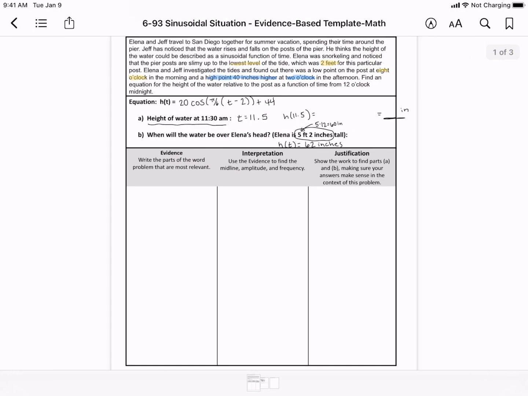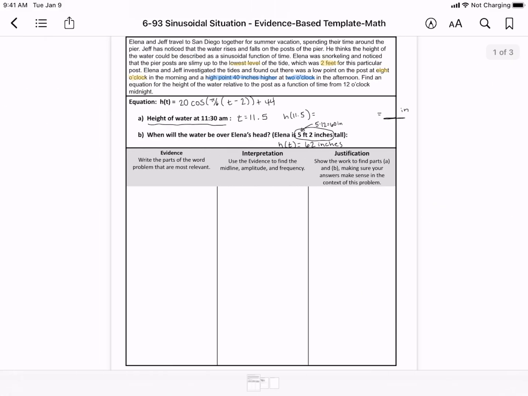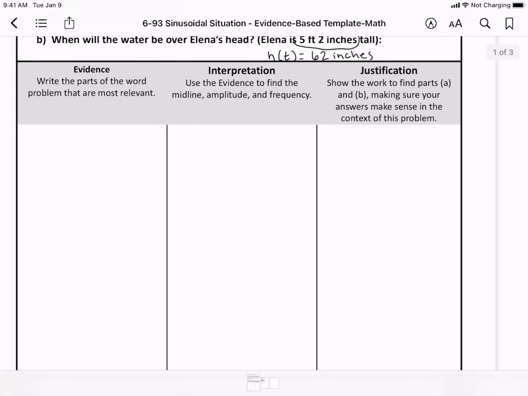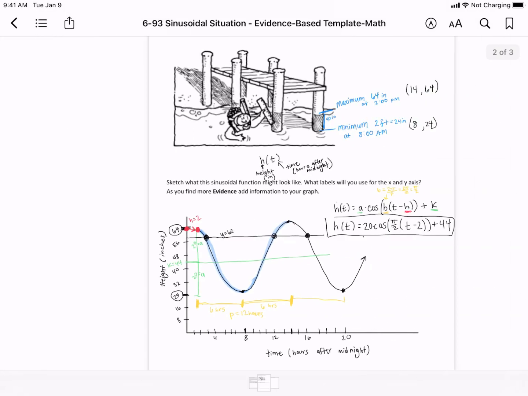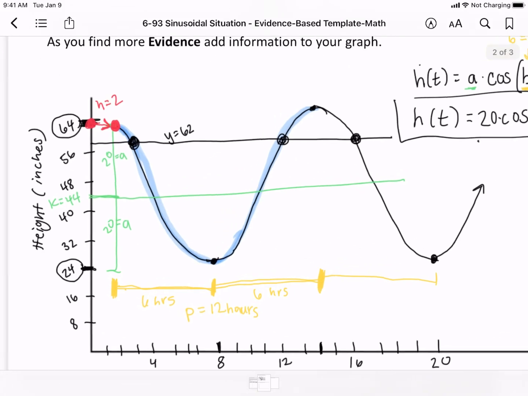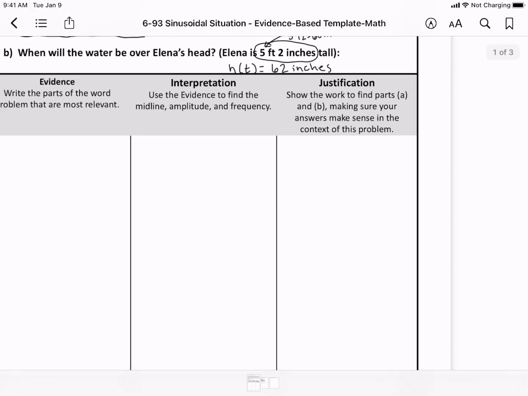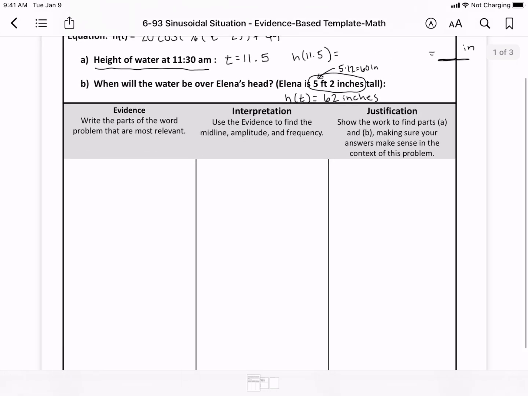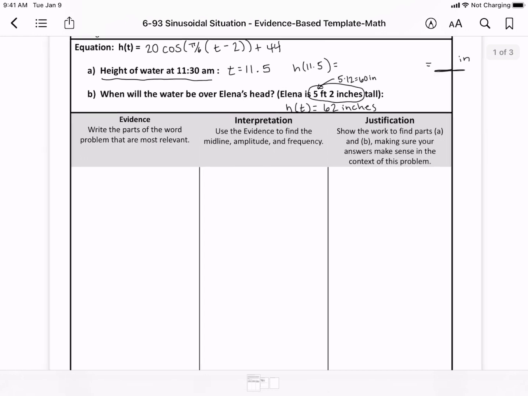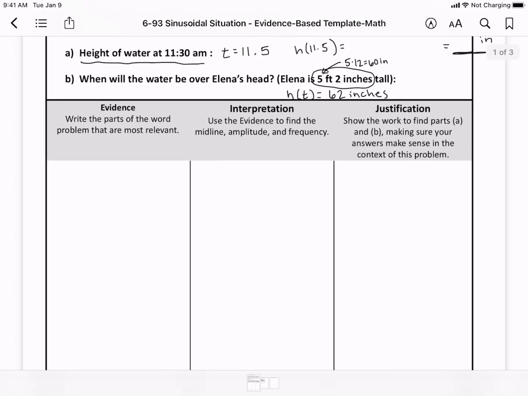The interpretation is how we found the midline, amplitude, and frequency. So you would explain these steps down here. And then the justification is explaining how we set up those equations in parts A and B. What answers did you get? And do those answers make sense in the context of the problem?